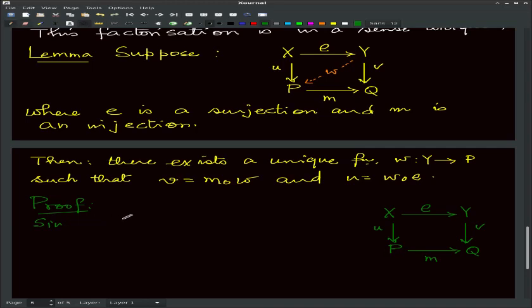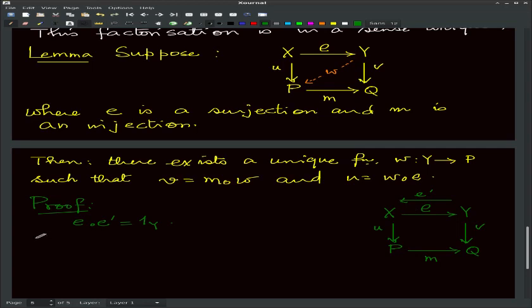What are the things that are given? E is surjective, so it will have a right inverse. So I will have an E prime like this, such that E composed E prime is equal to identity of Y.